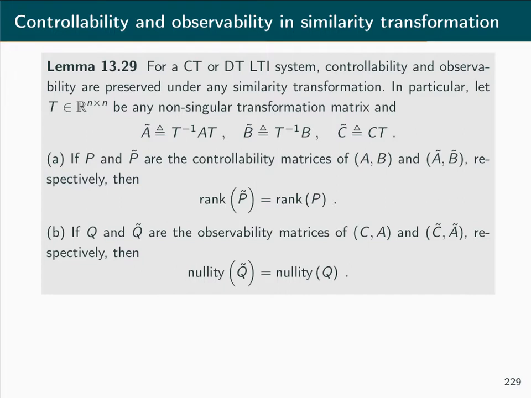A, if P is the controllability matrix of the original system, and P tilde is the controllability matrix of the similarity transform, then the rank of P tilde is equal to the rank of P. And similarly B, if Q is the observability matrix of the original system, and Q tilde is the observability matrix of the similarity transform, then the nullity of Q tilde is equal to the nullity of Q.